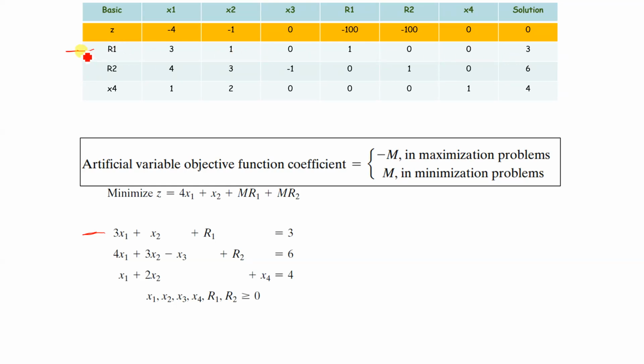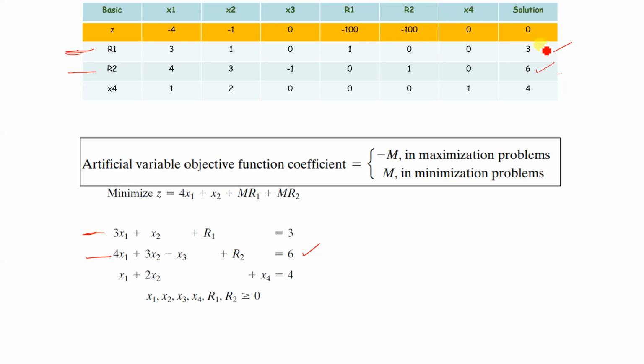This actually tells us that the initial value of R1 is 3. Similarly, this is the second row, and the basic variable for this second row is R2, and all the coefficients are written in this row along with the solution, that is initially R2 is 6, R1 is 3, and x4 is 4. And similarly, we have written the Z row as well.